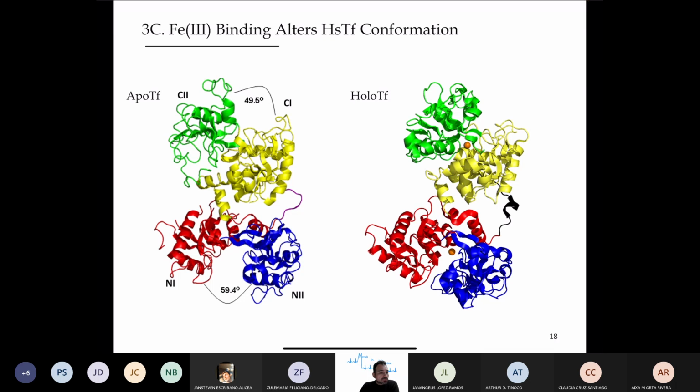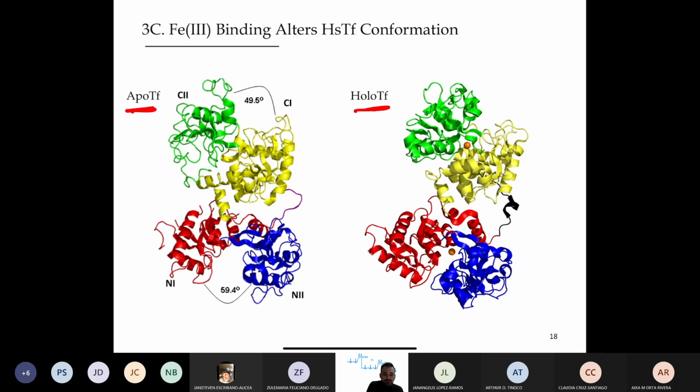So when iron binds to the protein, what you're going to see is the effect on the structure of the protein. Here you have the apo protein, and over here you have the crystal structure of the iron-bound protein. What we're looking at is what happens to the conformation of the protein.